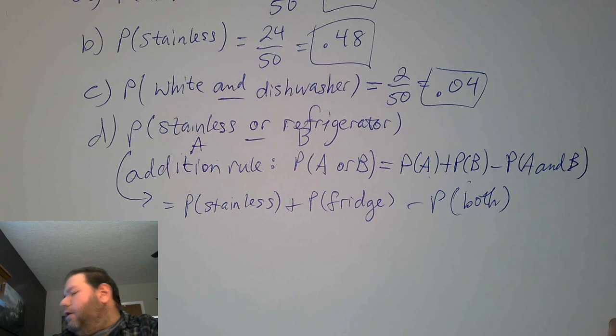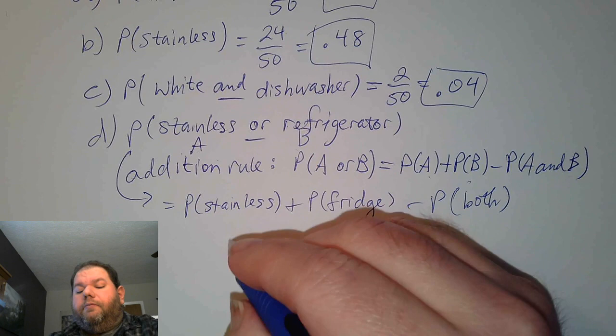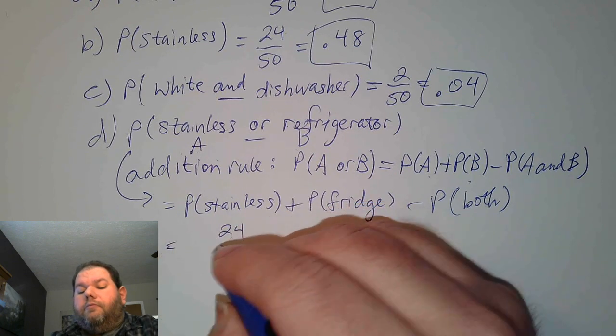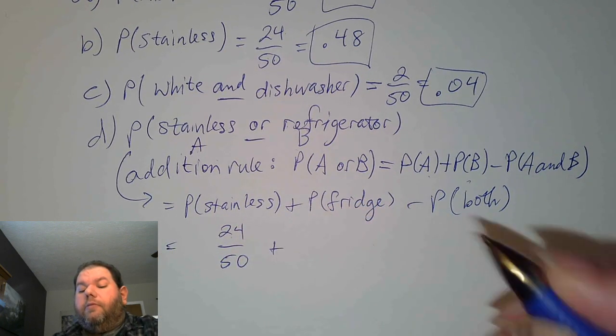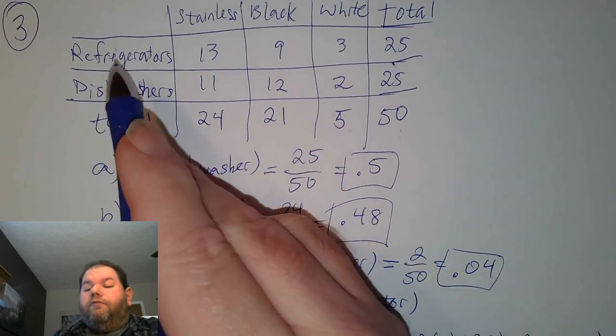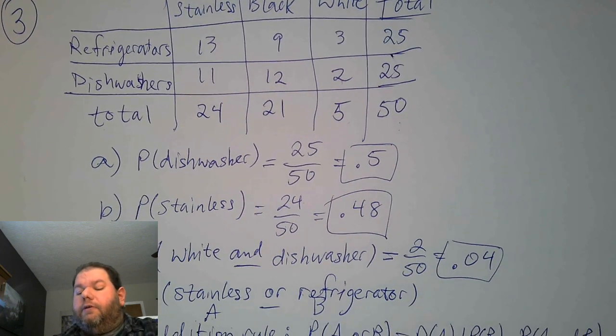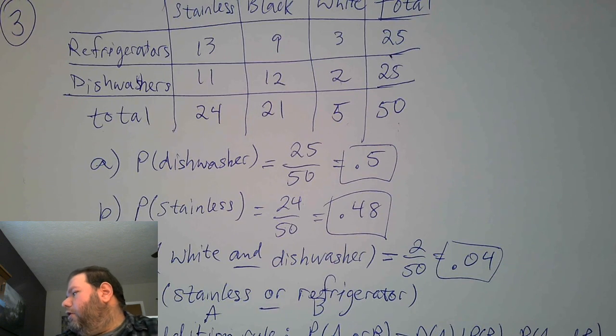Okay. Now for the stainless appliance, we already know that's 24 out of 50. For the refrigerators, we know that makes up 25 out of 50 appliances. And what about both? How many appliances are both stainless steel and a refrigerator?